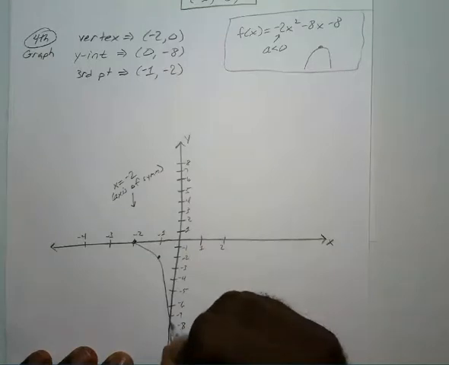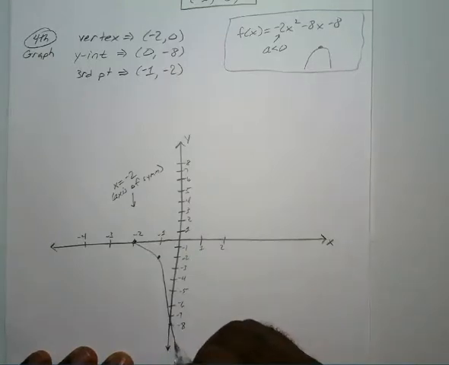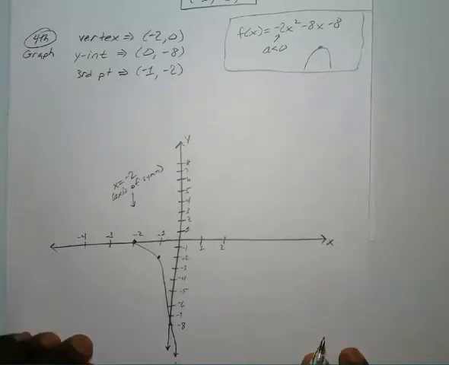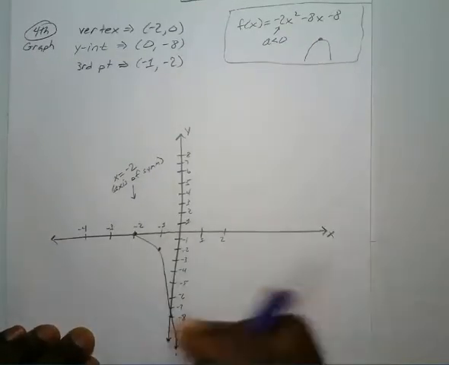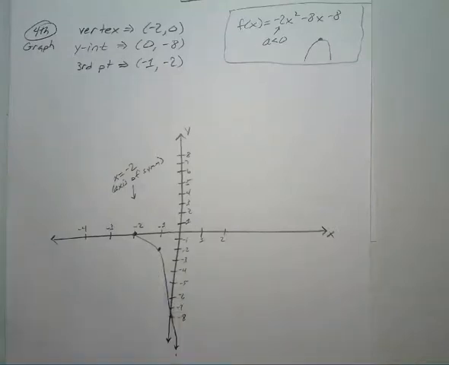Alright, there we go. So your left half of your graph will look something like that. Of course, a whole lot prettier. My drawing skills are not that great, so excuse how that looks.